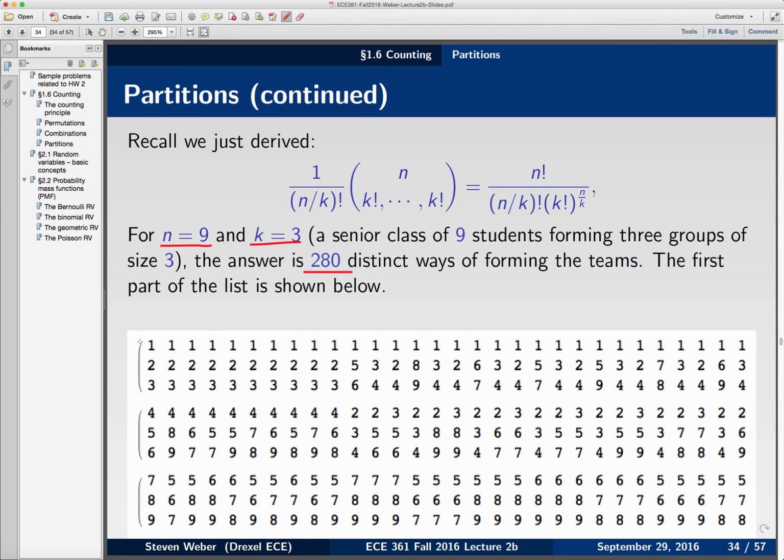In this screen capture here from Mathematica, I show the first 50 or so such teams. In particular, each column corresponds to a different partition. Here, students 1, 2, and 3 are in team 1, 4, 5, and 6 are in team 2, 7, 8, and 9 are in team 3. And there are 280 such teams.